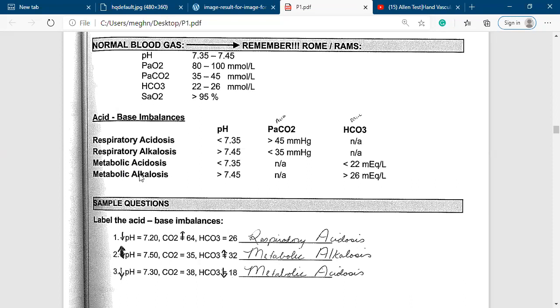If patient has metabolic alkalosis, patient usually has decreased respiratory rate and depth. Patient complains of dizziness or hypokalemia. Whereas in metabolic acidosis, patient develops hyperkalemia, means potassium level increases. But in metabolic alkalosis, patient develops hypokalemia, means potassium level decreases.